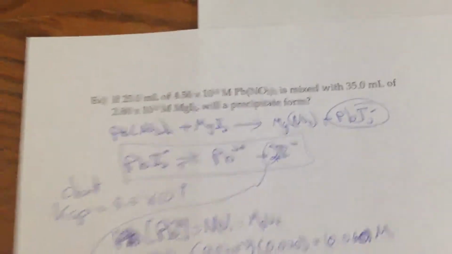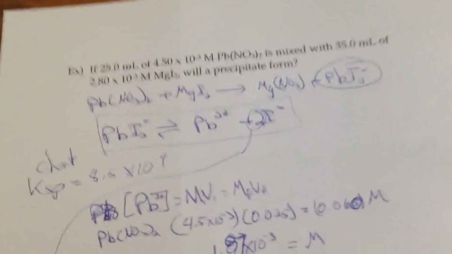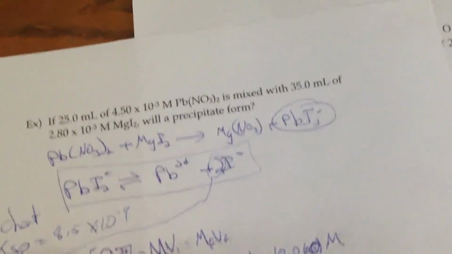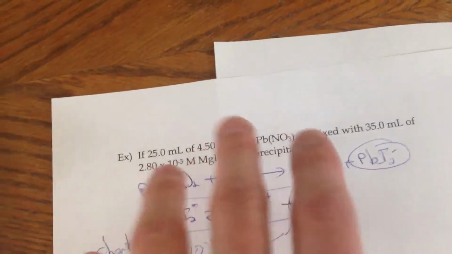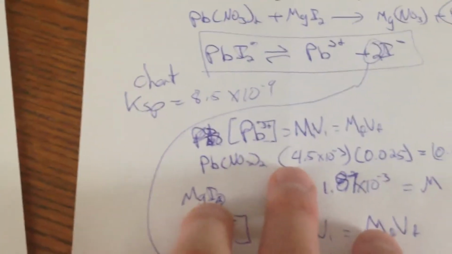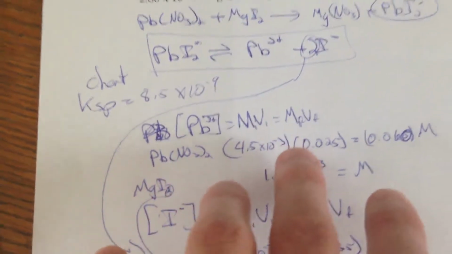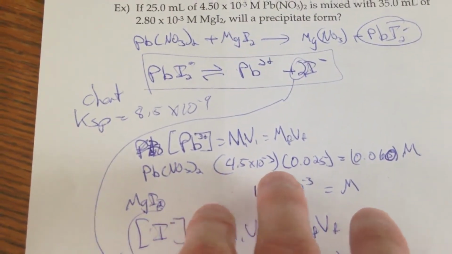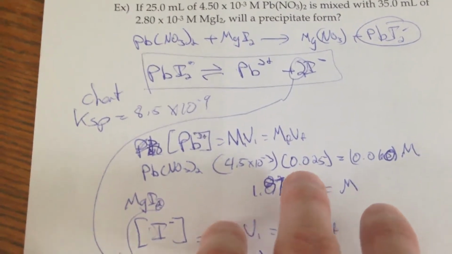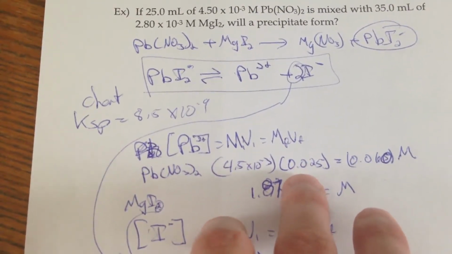Okay? So, just like before, I do the dilutions for both compounds. So I have to do a dilution of lead and a dilution of iodide in their states here. So, I set up for lead first, my concentration of lead. I set up my dilution formula. So it's going to be 4.5 times 10 to the negative 3 times 25 milliliters, but I convert that to liters.